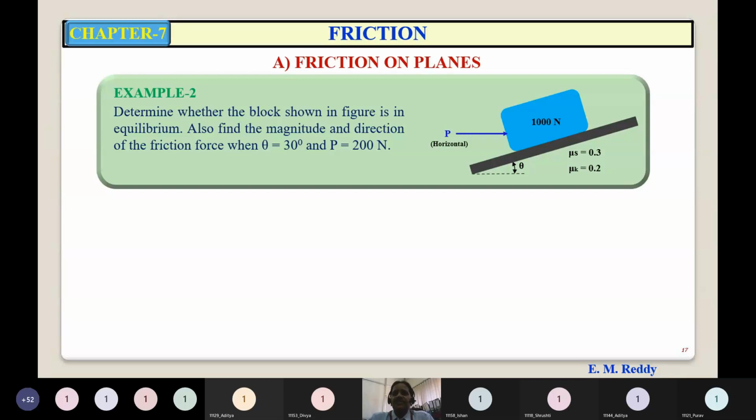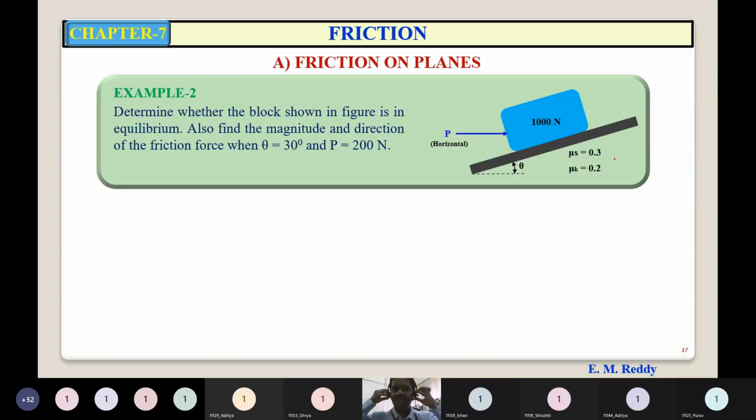In the figure, it is shown that the force P is acting horizontally. Mu s, the coefficient of static friction, is 0.3 and mu k, the coefficient of kinetic friction, is 0.2.